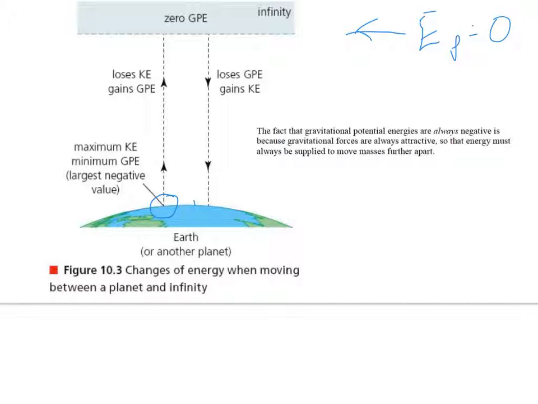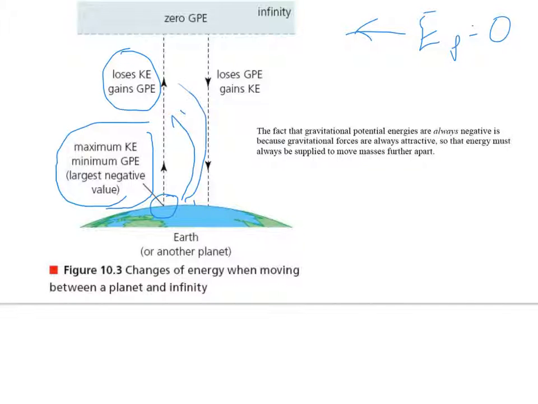As it moves up, let's say you're throwing a ball, imagine that you could throw a ball up into infinity, as if that was ever going to happen. But anyway, imagine that you are raising a ball. You would start off with maximum kinetic energy and minimum gravitational potential. Now that potential energy must increase with height as it loses kinetic energy and gains potential energy.